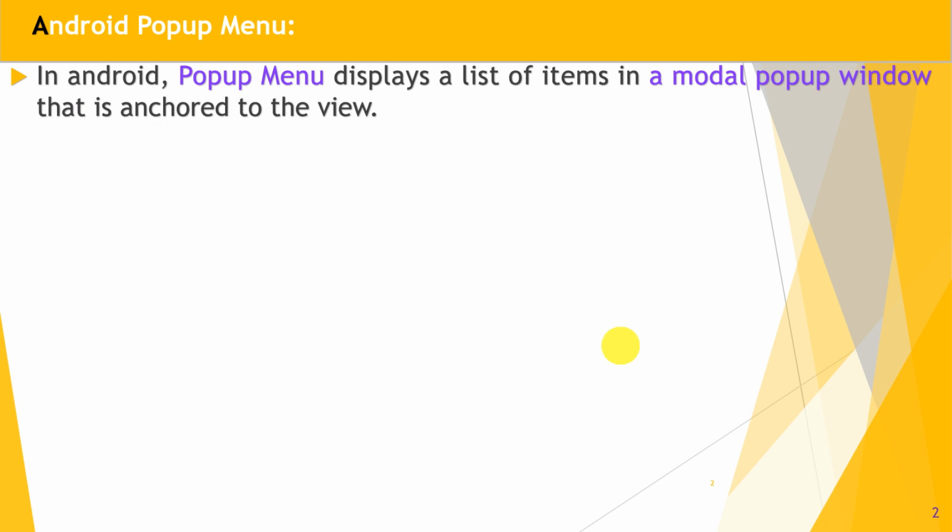In Android, a pop-up menu displays a list of items in a modal pop-up window that is anchored to a view. So every time, the pop-up menu has to be anchored to some view. The view can be anything: a button, a text view, a text box, anything. Great.